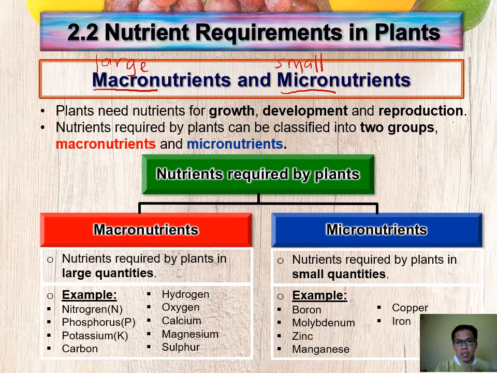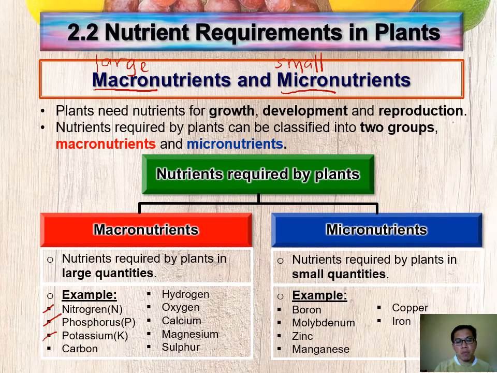So among these examples of macronutrients and micronutrients, students are required to remember 3 of them for each. For example, for macronutrients, I suggest you remember nitrogen, phosphorus, and potassium.